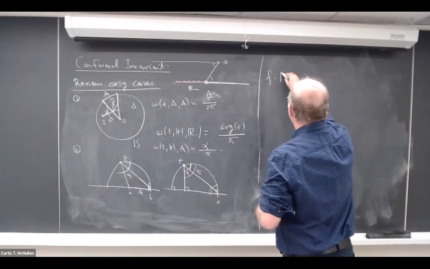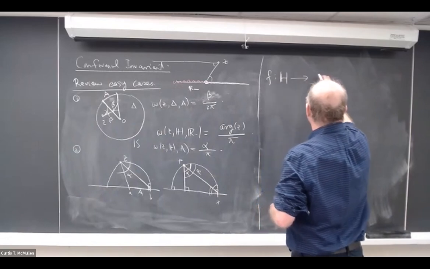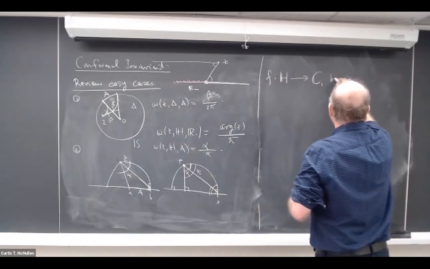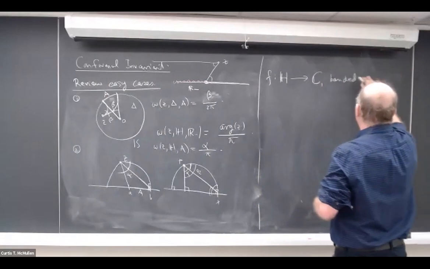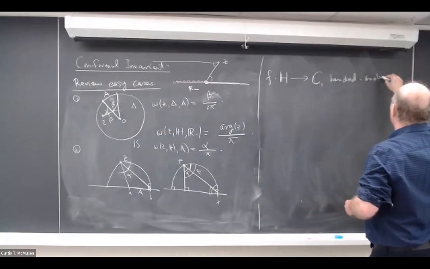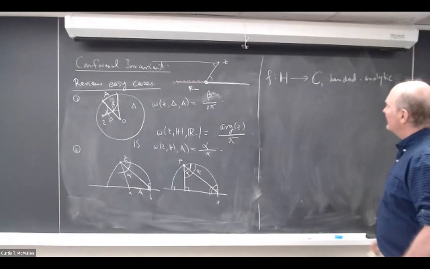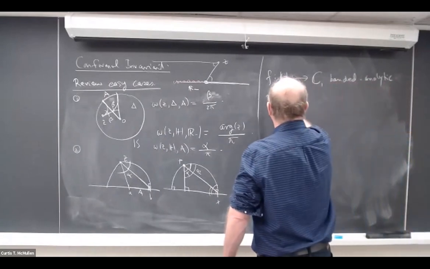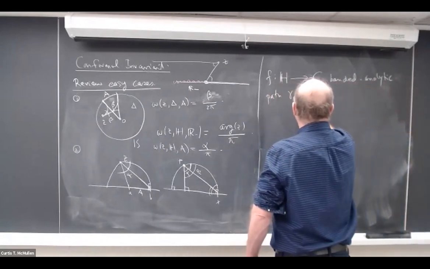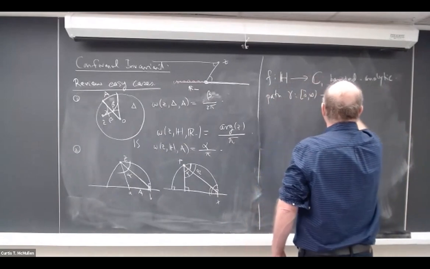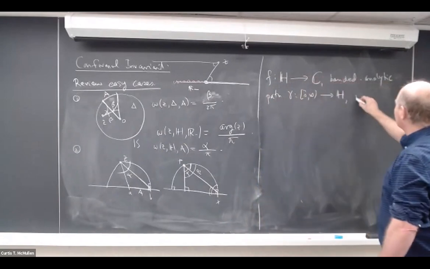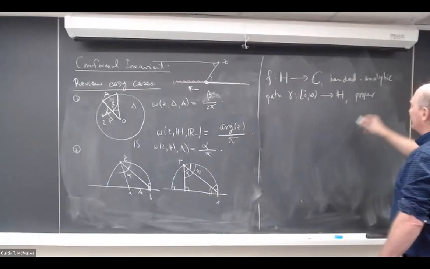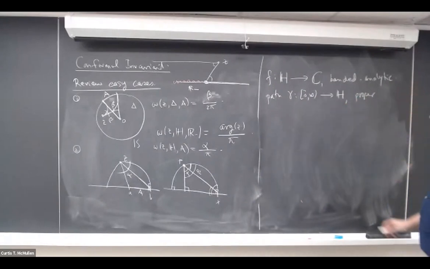Suppose we have a function f mapping H into the complex numbers. Let's say it's bounded, analytic, of course. And suppose we have a path, gamma, mapping 0 to infinity into the upper half plane. Let's say proper, that means that the absolute value of gamma goes to infinity.